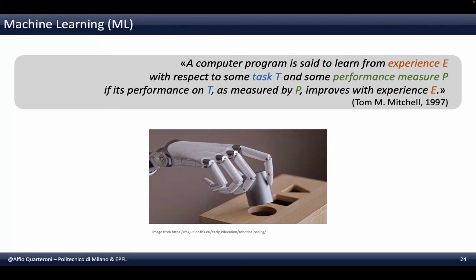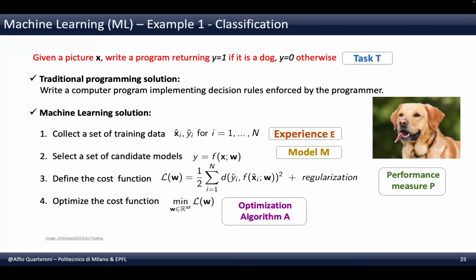And indeed, you can try to project whatever you are looking at onto this simple statement and try to identify the experience E, the task T and the performance P for different tasks. And here is my preferred task: how do you ask a computer to recognize a picture of a dog or of a cat or whatever? My analogy is this one.